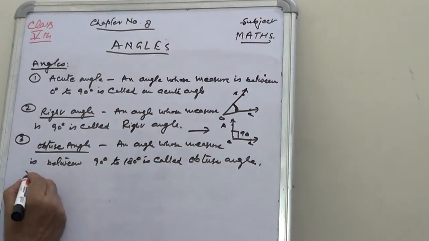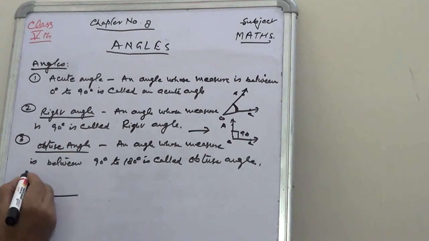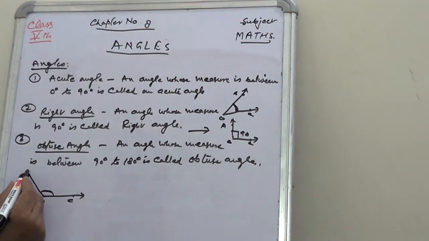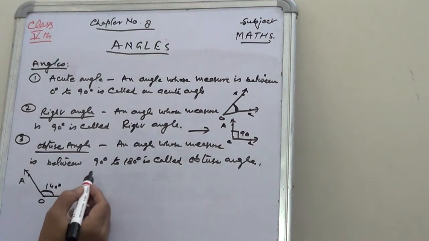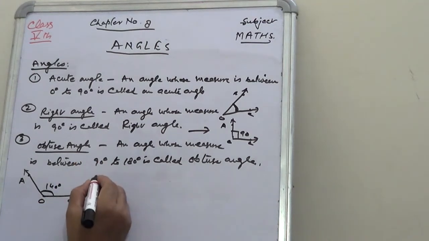An obtuse angle can be shown like this. Its opening is quite large, AOC. If we look at an obtuse angle, you will find its opening quite large, say 140 degree. It is more than 90 degree and less than 180 degree. So this is an obtuse angle.